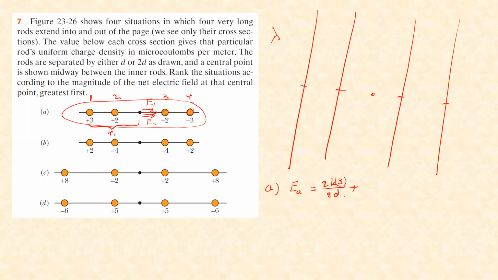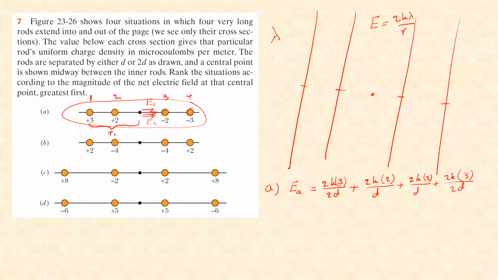Plus for the second one, it becomes 2k times 2 divided by D. Plus for the other one, another 2k times 2 over D, and the last one becomes 2k times 3 again, divided by 2D.